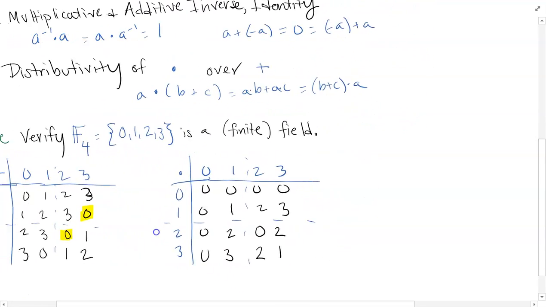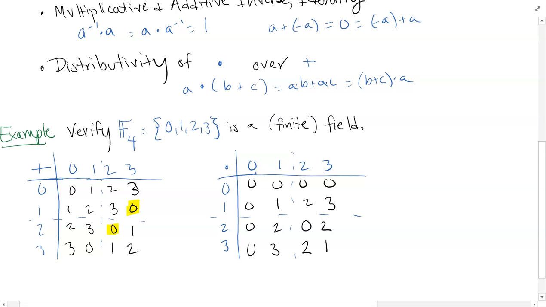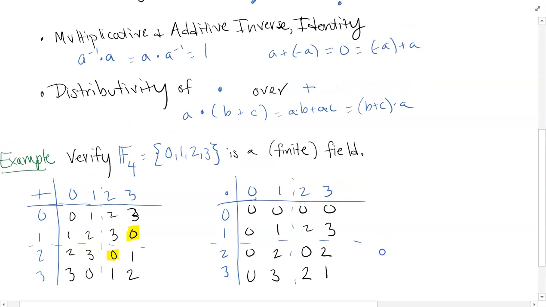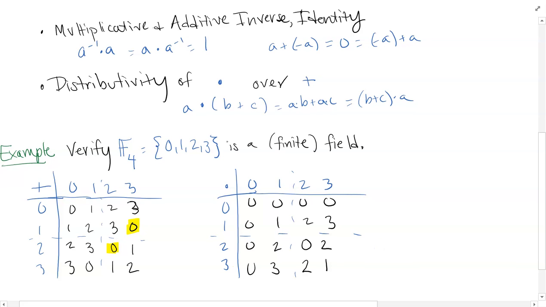Let's look over at the multiplication table. So multiplication table, 0 is not too surprising. 1 is the multiplicative identity because if you multiply it by any other element, you get that element. And it is commutative. So for example, if you do 2 times 1, you get the same as 1 times 2. Okay, that's fine.